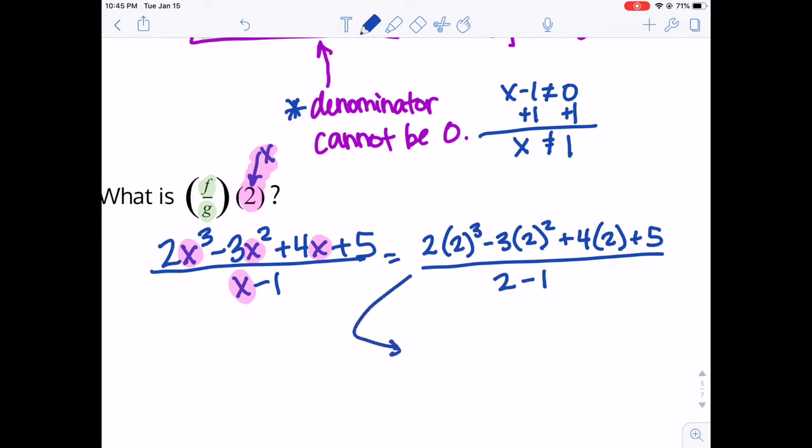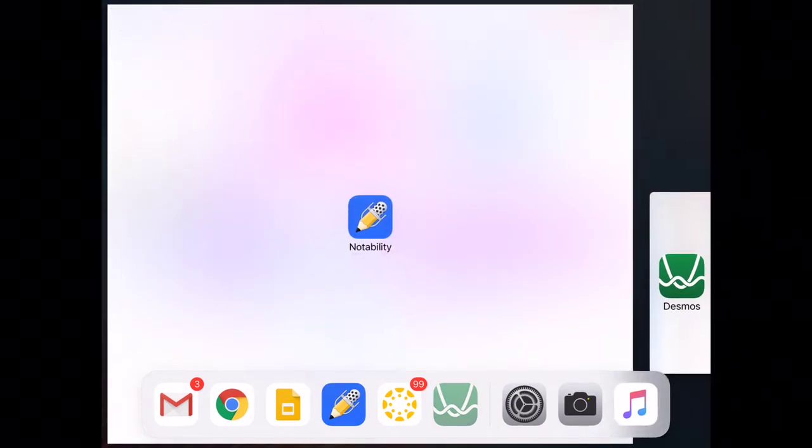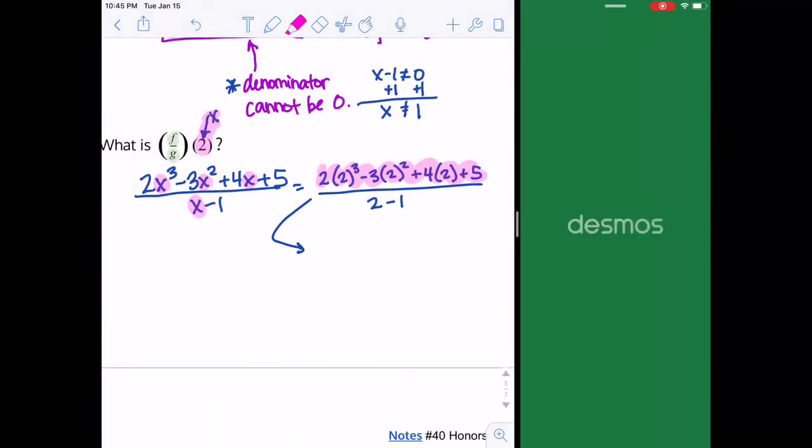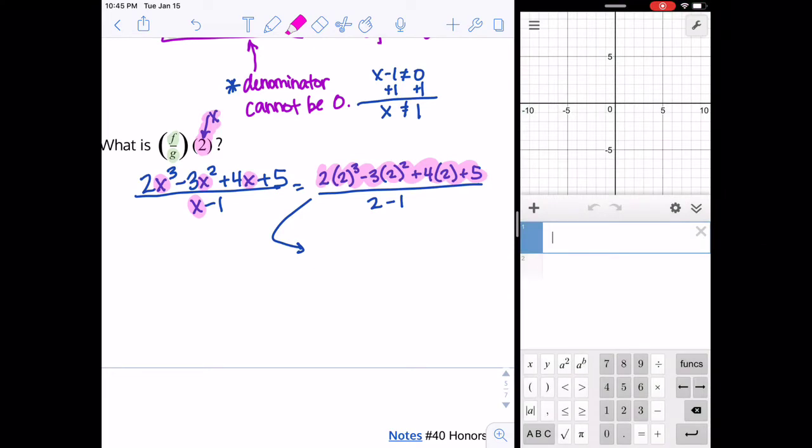So I'm going to simplify down here. You can type this whole thing in your calculator. Let me see if I have my calculator available here. Yep. Cool, so I'm going to go to my calculator, use Desmos, because I don't have a fancy calculator here at home.